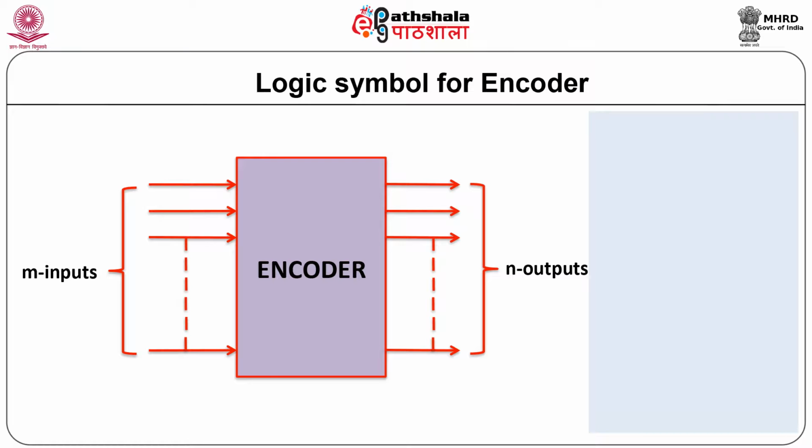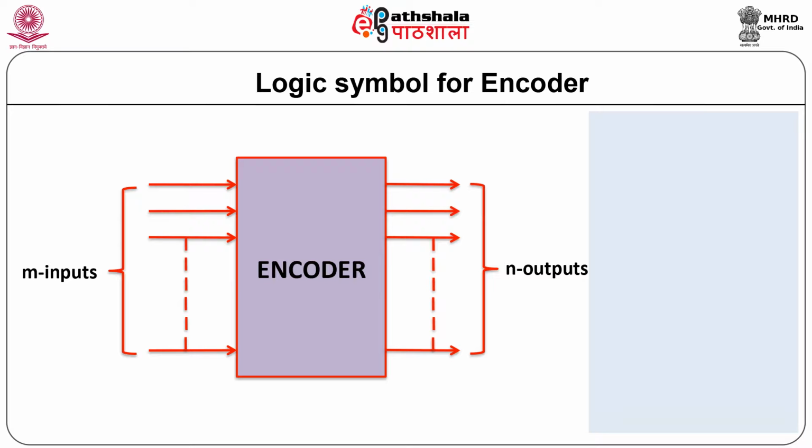An encoder has a number of input lines but only one of them is activated at a time, representing a digit or a character, and produces a binary code depending on which input is activated.